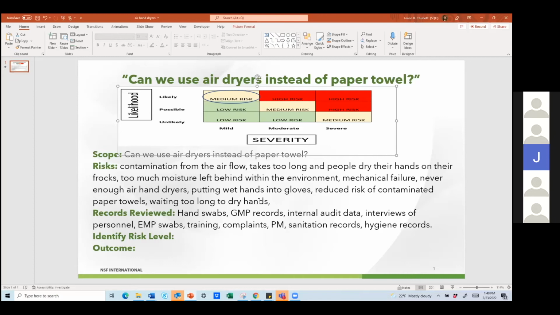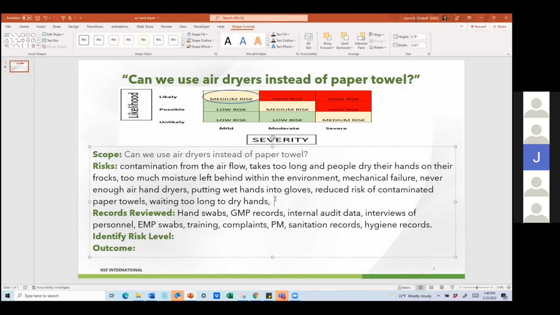I would say low, just because the only risk would be some water activity and keeping the bacteria alive. But most facilities have sanitizers in every workstation and require gloves to even handle food, and sanitize gloves. One of the things we didn't consider is location. Is this in the bathroom or is this in the production area?